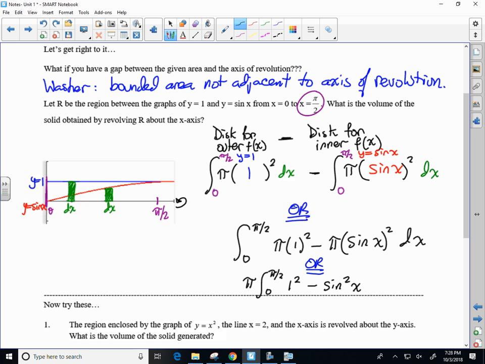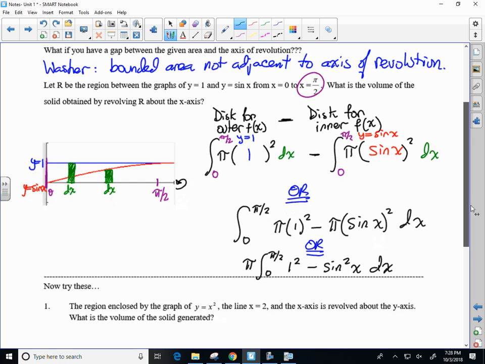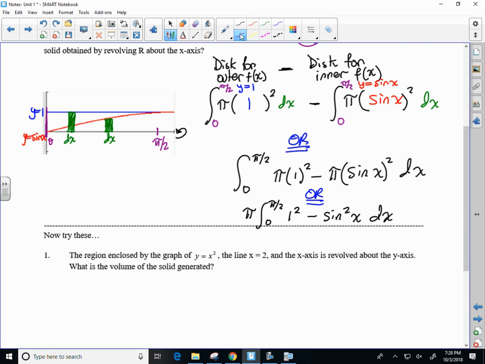So if you're the kind of person that likes shortcut rules, which is most people, it would be pi on the interval of a to b, r squared minus r squared dx. So a pi r squared, a pi r squared. But if you pull out the pi's, it's really r squared, r squared. You go capital for one, lowercase for the other to distinguish between the two radii. You'll have one that's bigger than the other. The one that's further away comes first, the one that's closer comes second.